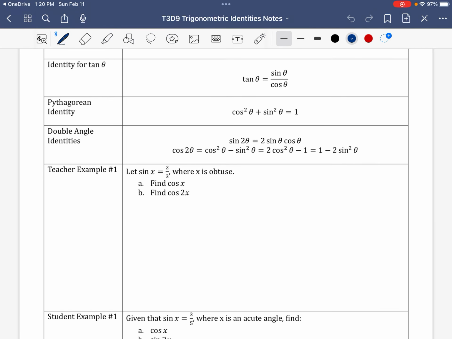Now there are a couple of identities that we're going to be using and practicing over the course of this lesson. The first one is our tangent identity. Tangent of theta equals sine of theta over cosine of theta.